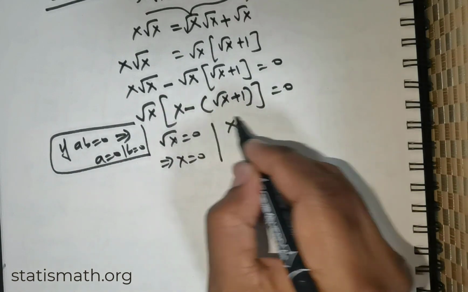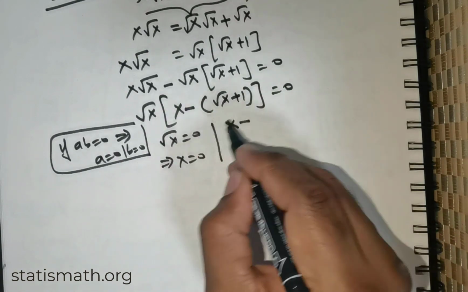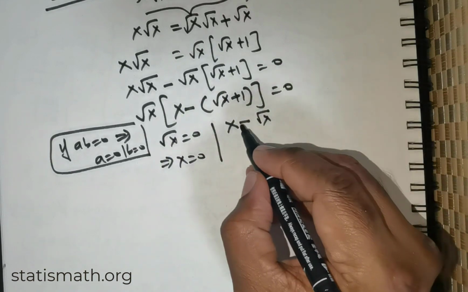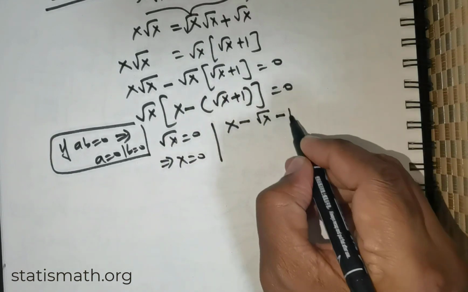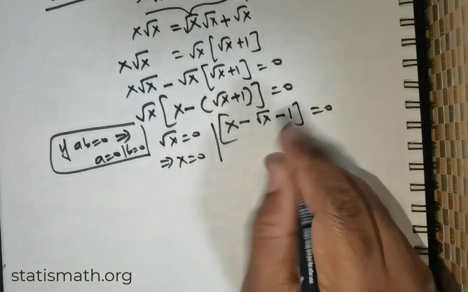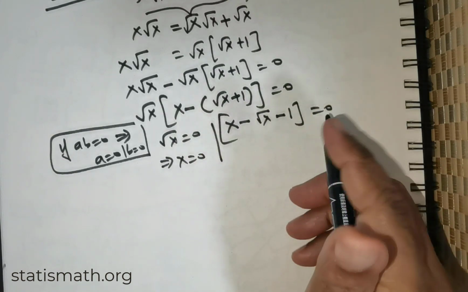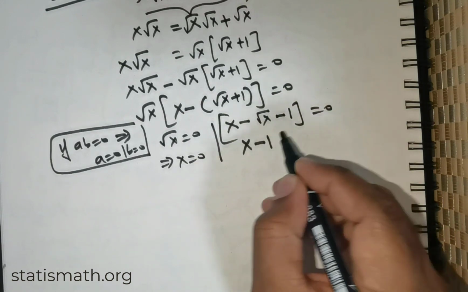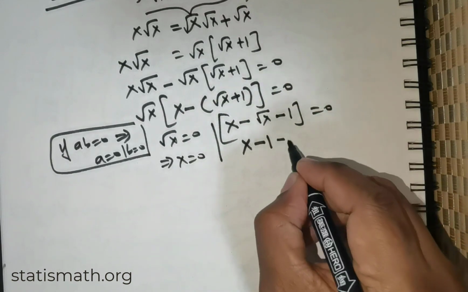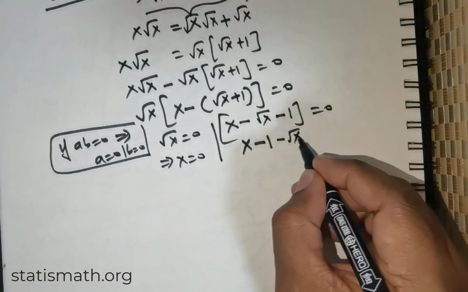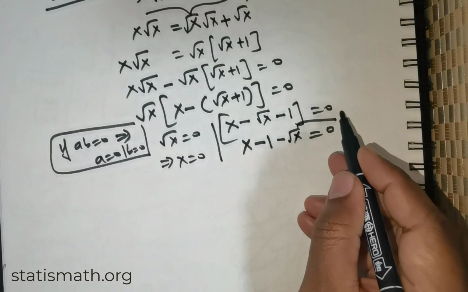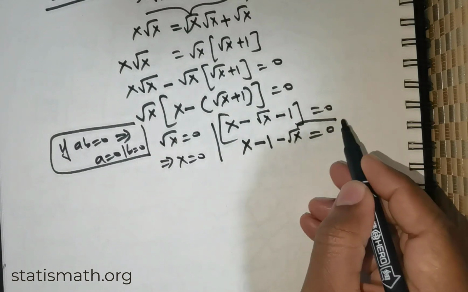The next part is x minus root of x minus 1. This entire quantity, just remove the parenthesis, so x minus root x minus 1 is equal to 0. So this is what I have got for the other side. Now what I wish to do is club x minus 1 together, followed by root of x with a negative sign in front, and then move negative root of x to the other side.